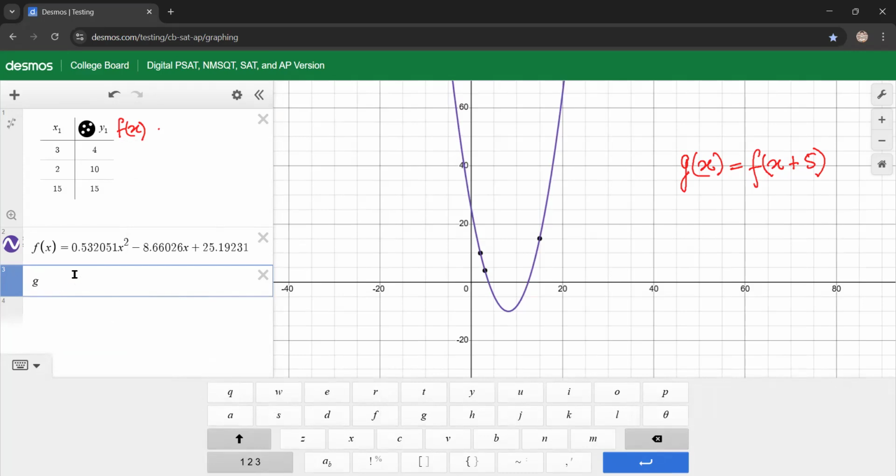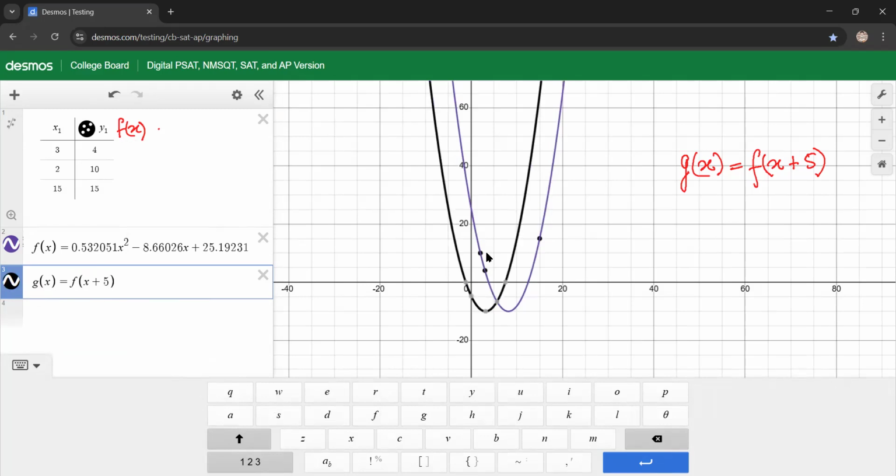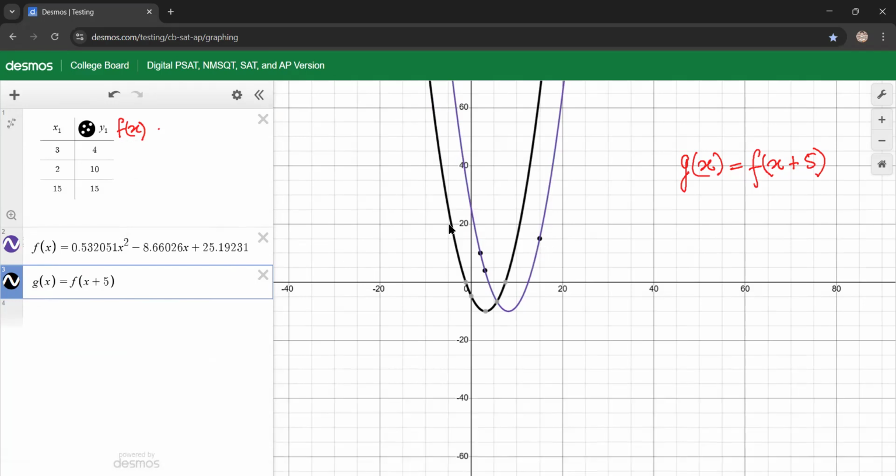So I'll just write g of x is equal to f of x plus 5. Okay, so the purple graph is the graph of f of x and the black graph is the graph of g of x. Our points are on the purple graph, so that's f of x. G of x is this graph translated 5 steps towards the left.